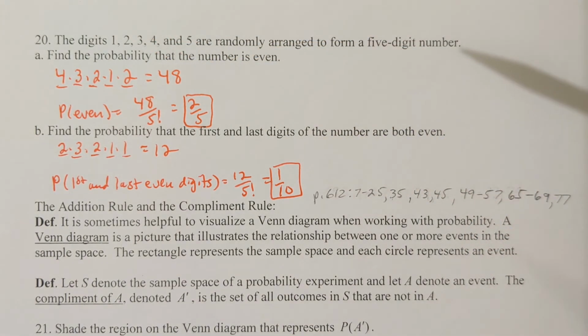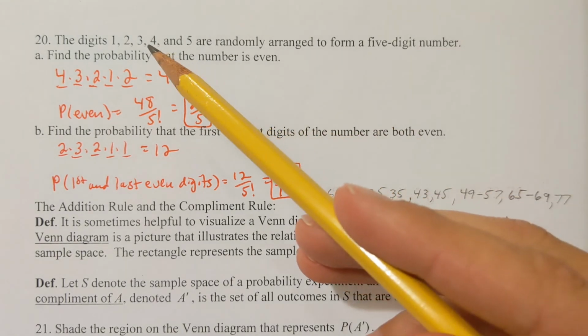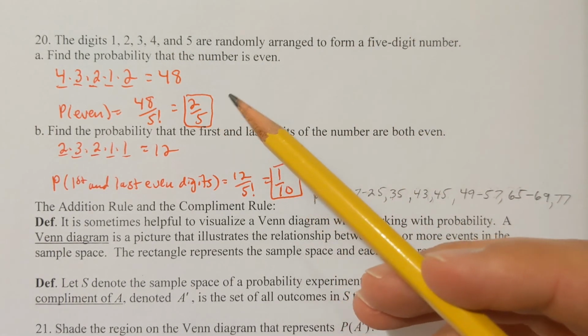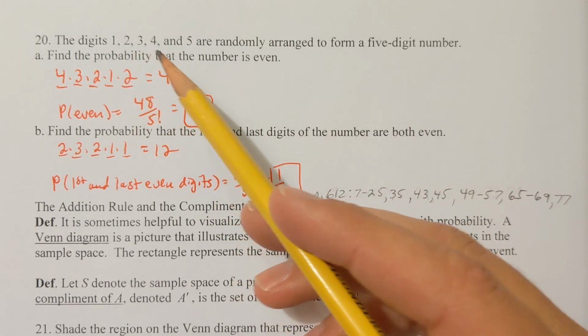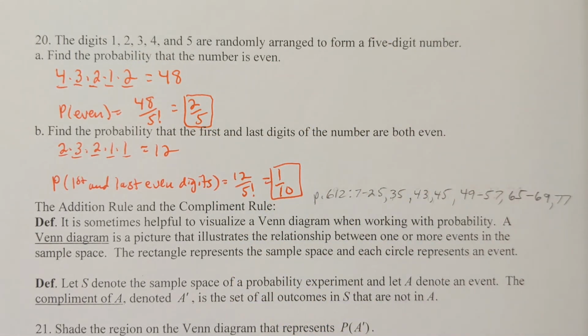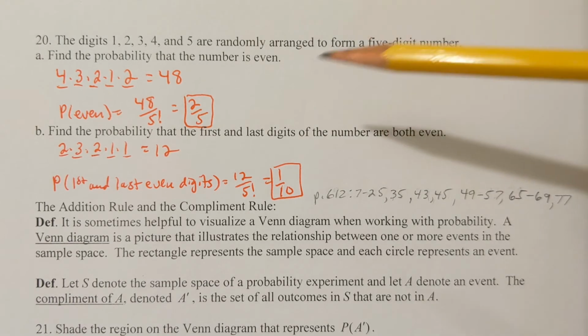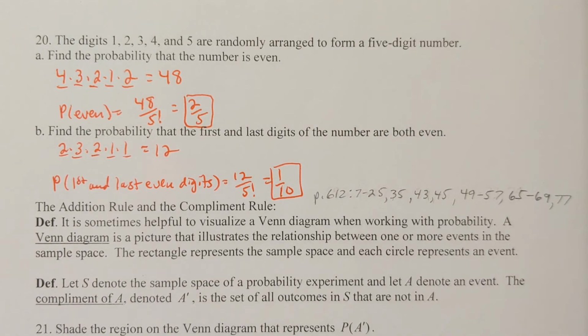And by the way, the sample space would consist of all the numbers that are between 1, 2, 3, 4, 5 randomly mixed up. Okay, so of course we're not repeating anything. So 5 factorial, or 120, would be the sample space. So out of all 120 of those numbers, how many of those are even?